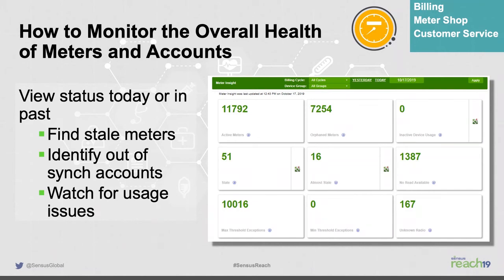Or another issue is with inactive usage. So this is where the device is inactive. It shouldn't have any consumption, but you're getting consumption and you're not going to be able to bill on that. So that's some potential lost revenue that you need to figure out what's going on there. So all sorts of different metrics here for different people within your organization to use.